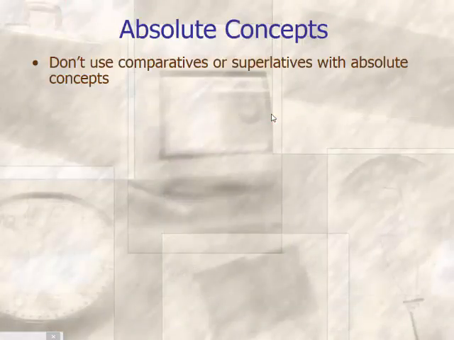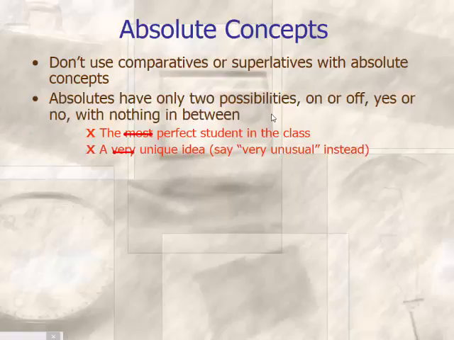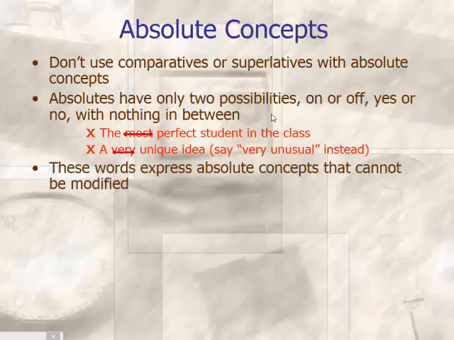Absolute concept. Don't use comparative or superlative with an absolute concept. Absolutes have only two possibilities, on or off, yes or no, with nothing in between. Like the most perfect student in the class: you must delete the word most. A very unique idea: say very unusual instead, so you must delete the very.